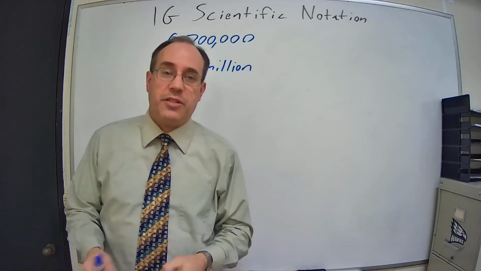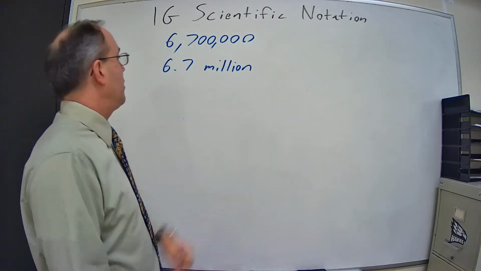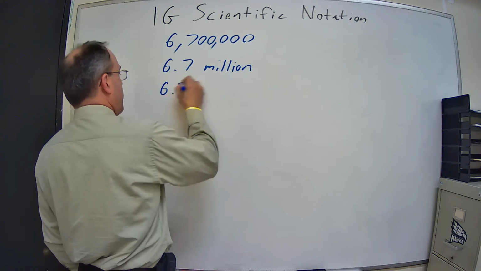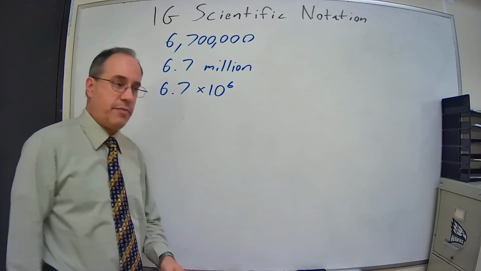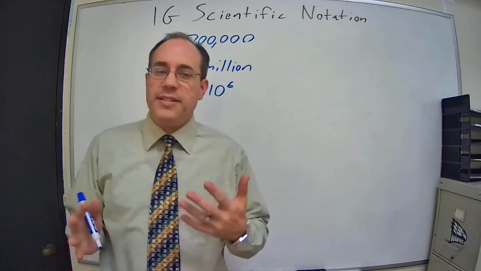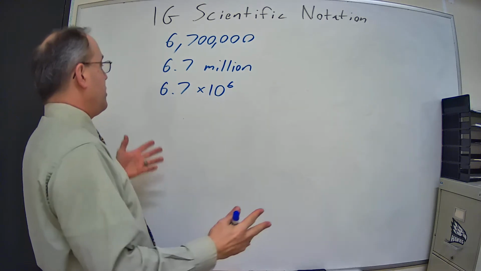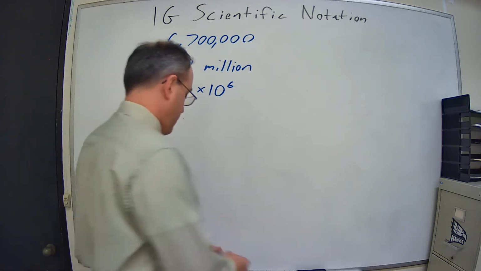Scientific notation is the same type of thing, but instead of saying million, in scientific notation, this would be 6.7 times 10 to the 6. So what exactly does that mean? Scientific notation is built of a couple different pieces.